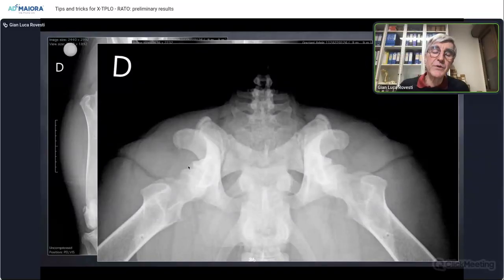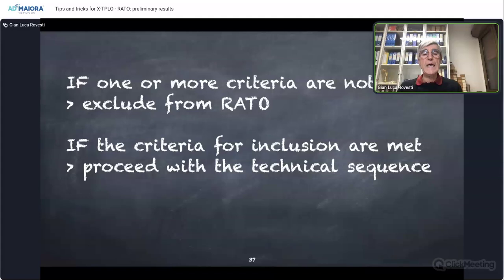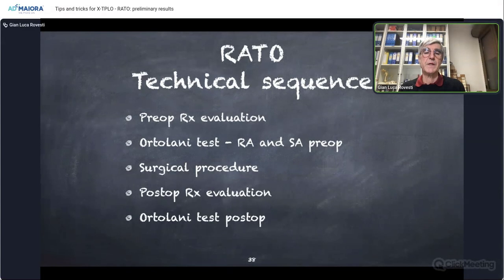A little bit better on the right side, but nevertheless, the dorsal acetabular border is already remodeled. So not a good candidate. If one or more criteria are not met, exclude from RATO. And if the criteria for inclusion are met, of course, proceed with the technical sequence.